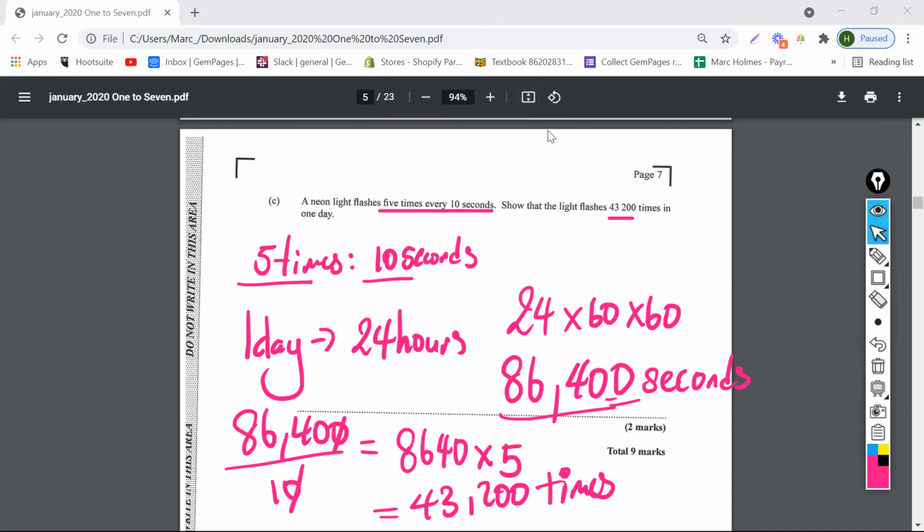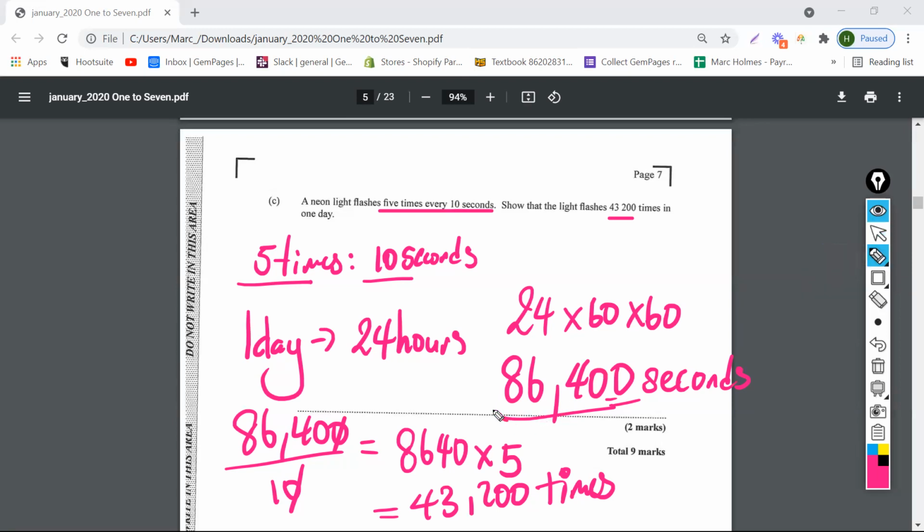Like how it says 5 times equals 10 seconds, I divided that in a ratio form and said 1 time equals 2 seconds, and then I knew I just had to times it by 2 to get the 86,400.